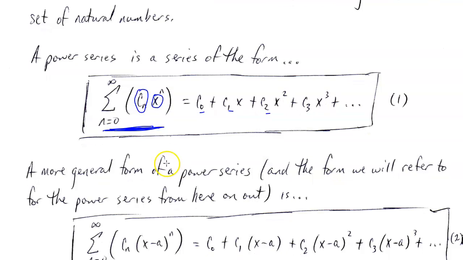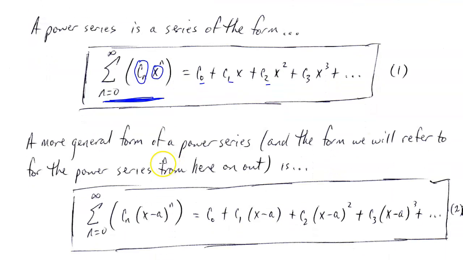Now, we see a more general form of the power series, because this is a specific type of form of it, but the most general form will look like this, where instead of just having x right here, we have an x minus a, where this a is some real number that our power series is said to be centered about.